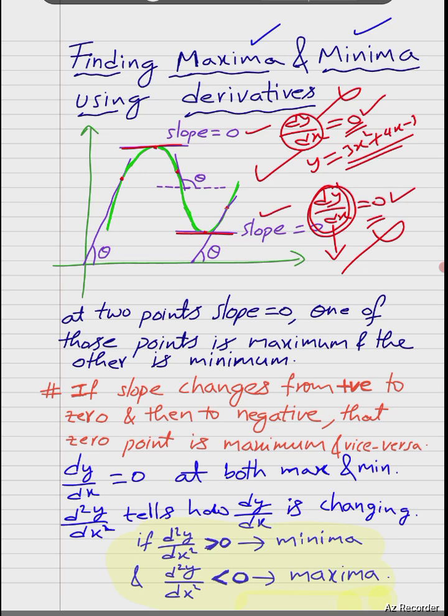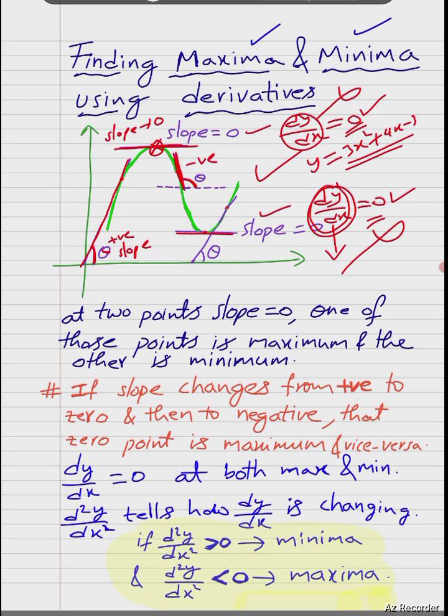So for that, what we have to do is observe how the slope is changing. Here, initially the slope is positive, isn't it? Because tan theta is positive. Then what happened? The slope has become 0. Then here tan theta is negative, so the slope is negative.